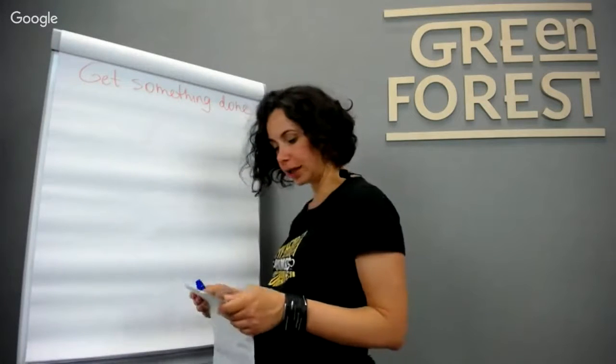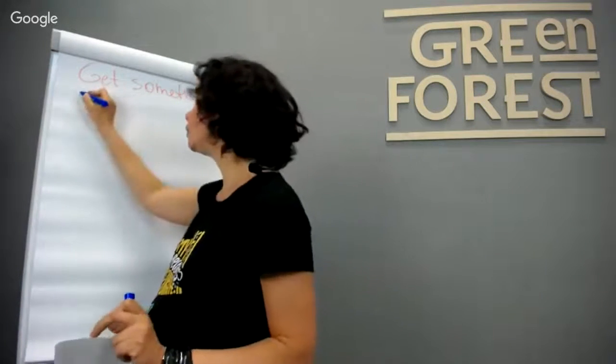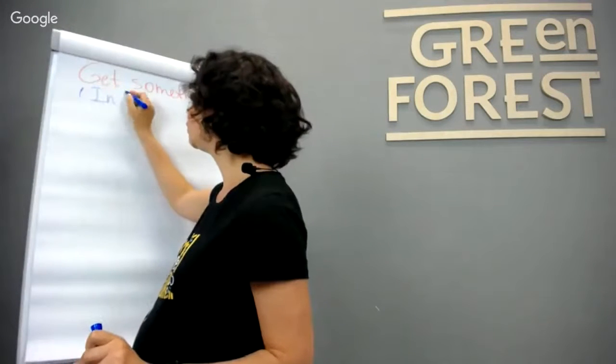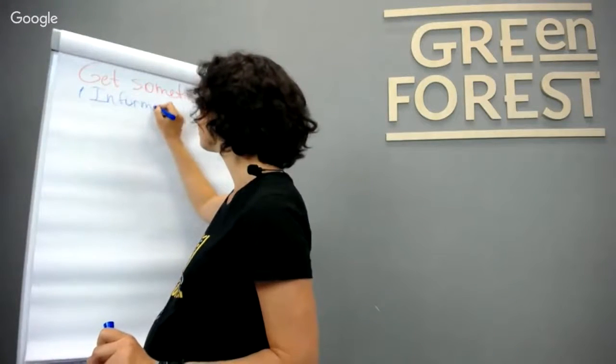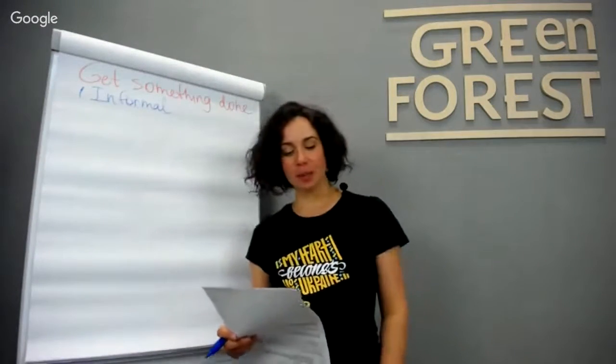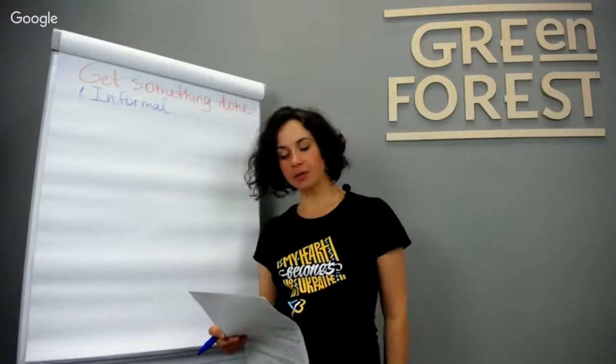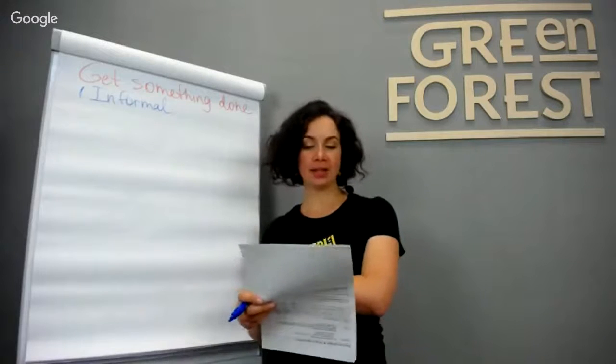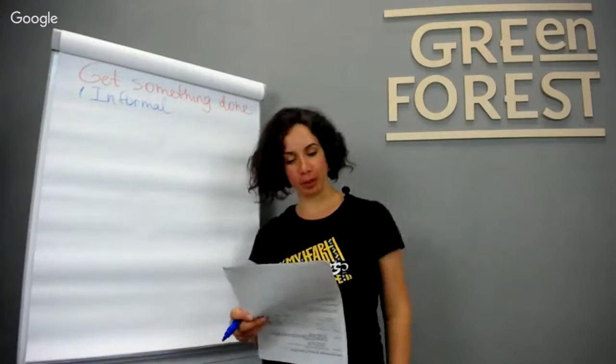First of all, get is informal. It is less formal than have. For example, I get my room painted every 4 years. You can say I have my room painted, but get is less formal, more informal.